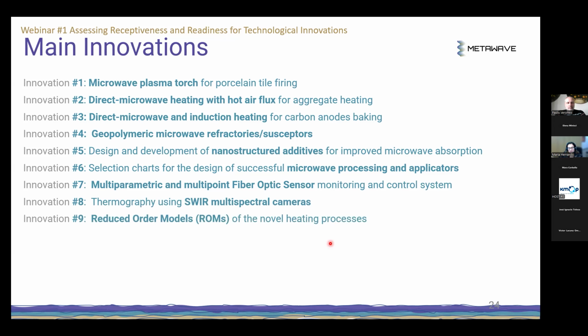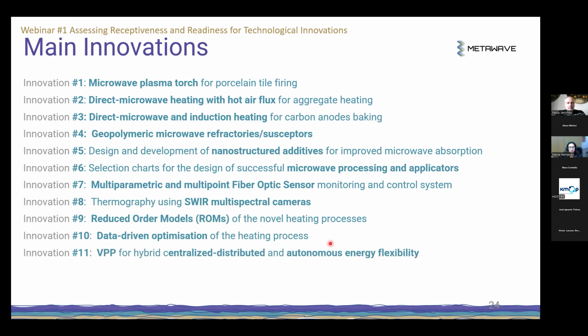We are digitalizing the prototypes, the designs that we propose. As a result, we will develop reduced order models of these novel heating processes. And as well, we will implement data-driven optimization of the heating processes to help with the control.